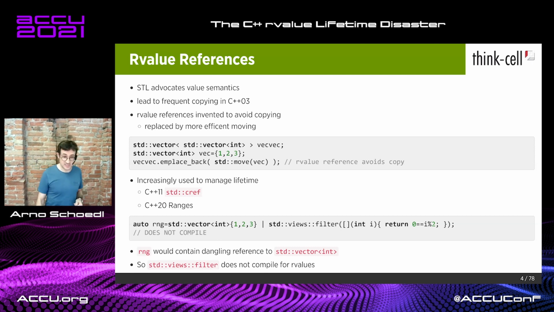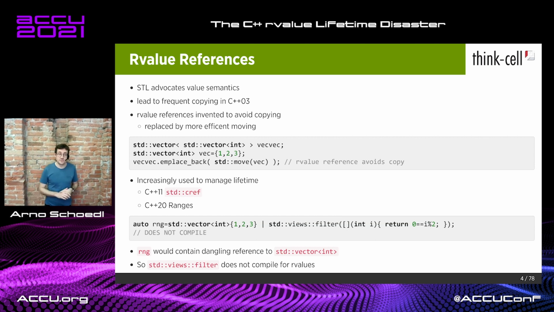Now, in this particular situation, this vector would be an R-value, and it's a temporary. When you are finished processing this statement, when you are past the semicolon, that vector will go out of scope and disappear, and you would have a dangling reference in the filter.